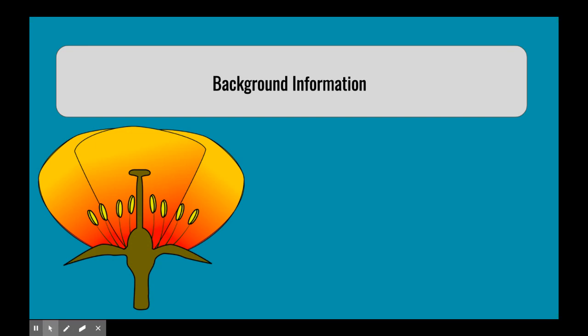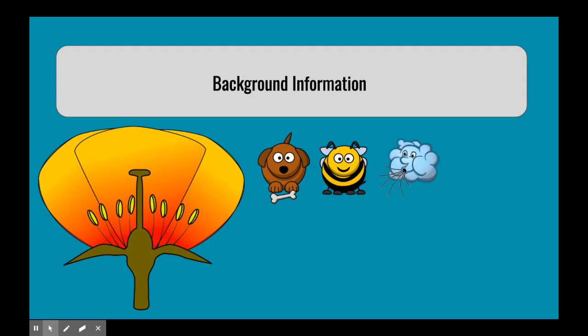Okay, in reference to pollination, pollination can take place for a few different reasons. It can be helped by animals. Animals can carry pollen from one location to another. Sometimes those animals are insects. In addition to animals, sometimes wind contributes to pollination, and the pollen can also be carried by water.